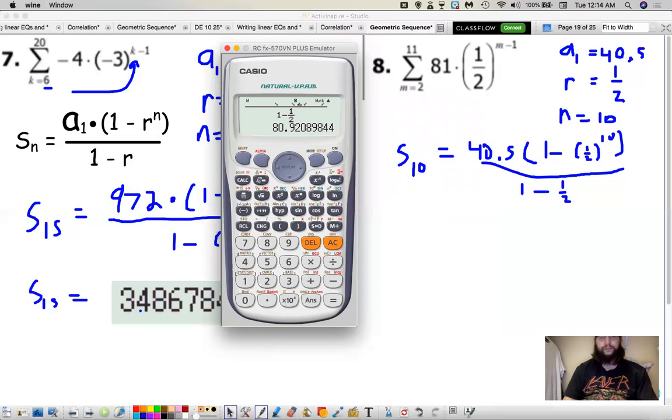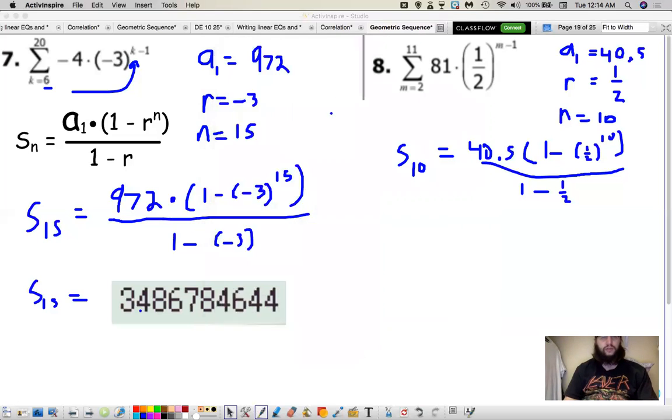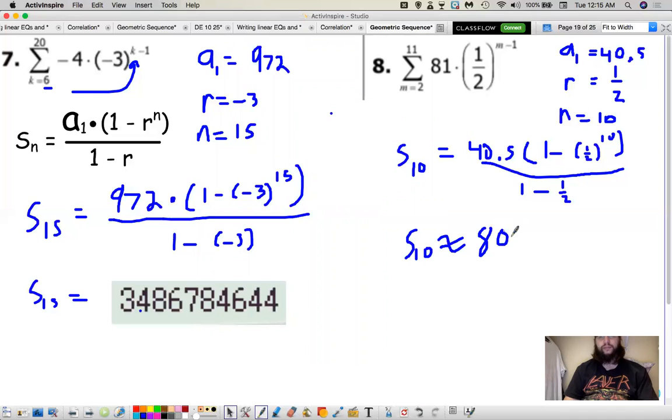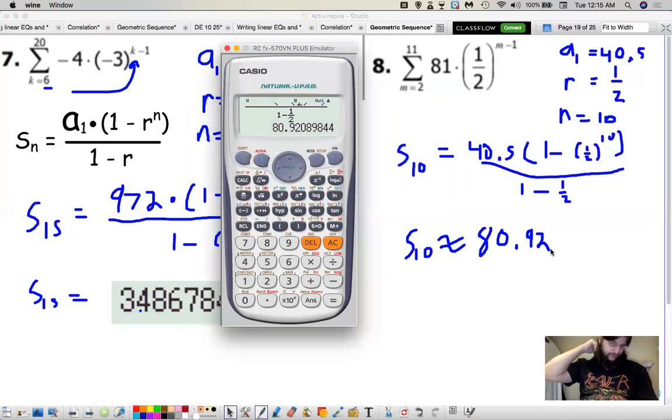Why not? S10 is about, not exactly because I got to round it, 80.92. Now we could get a fraction for this if we really wanted to, but good enough.